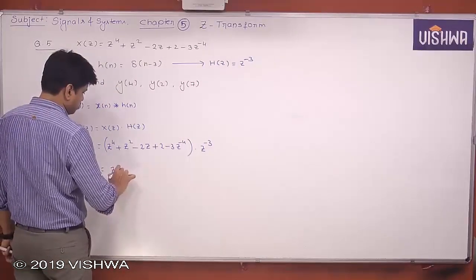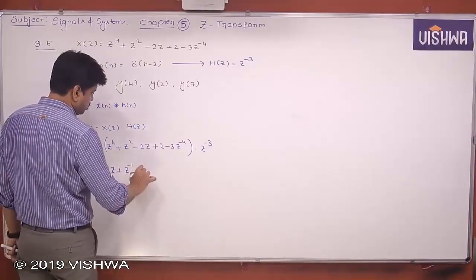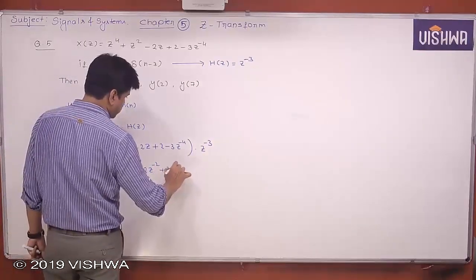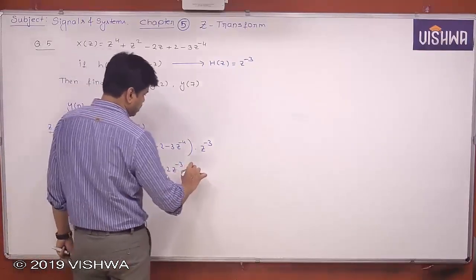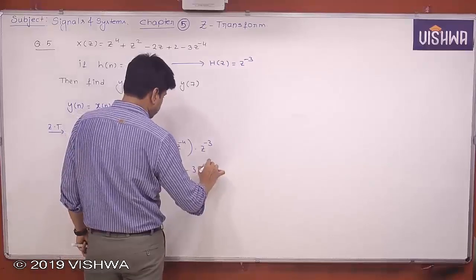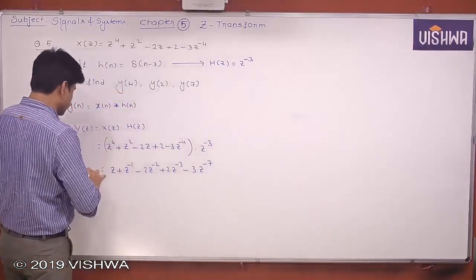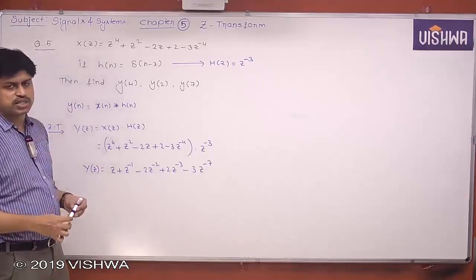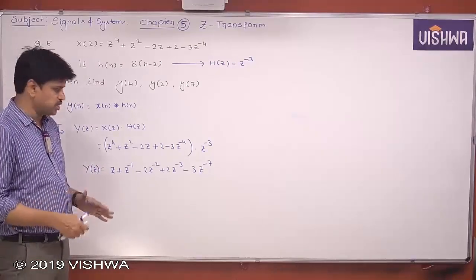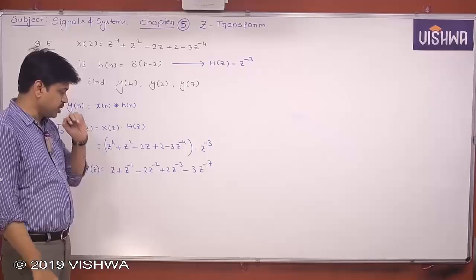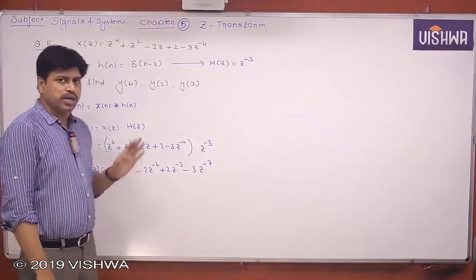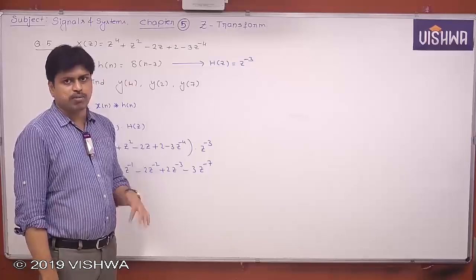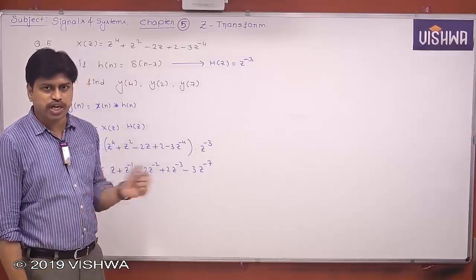Z plus z power minus 1 minus 2z power minus 2 plus 2z power minus 3 minus 3z power minus 7. So this is y of z. And you might remember, for a finite duration signal, this is the way we have to write the Z transform. And I told you, negative values of n give you positive powers of z, and positive values of n give you negative powers of z.